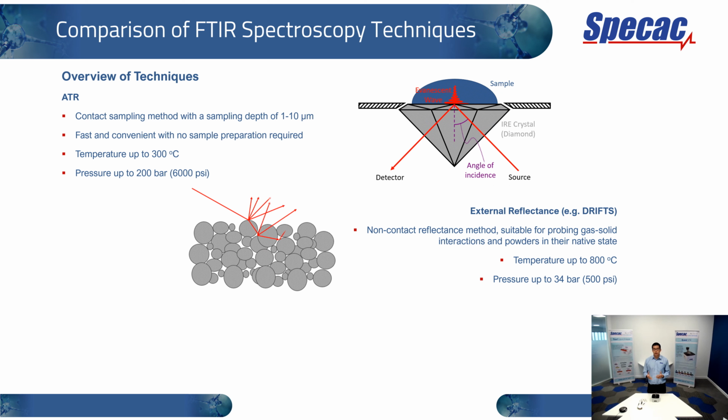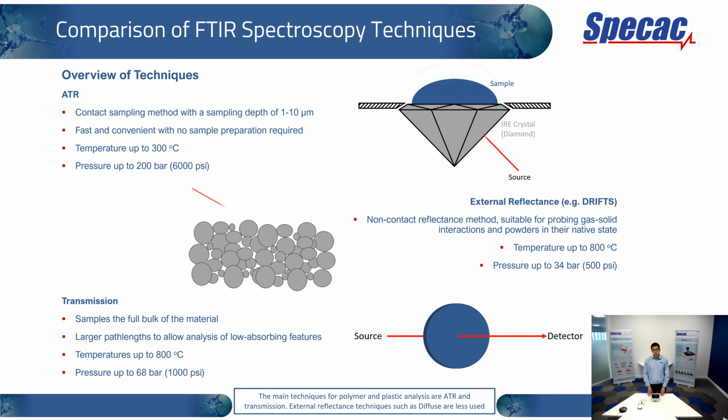But we do have a monolayer specular accessory as well for picking up any specular components of the IR beam. And in the case of the DRIFTS, we have an environmental chamber as well that can go up to 800 degrees C if that is necessary for your application.